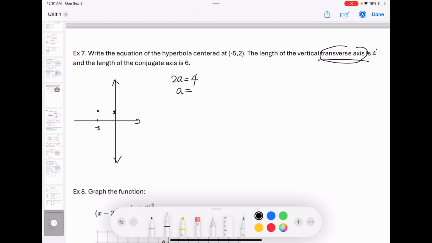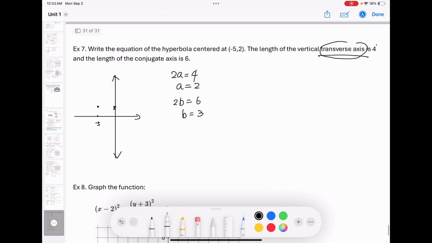A is equal to 2. And then the length of the conjugate axis is 2B. 2B is 6. B is equal to 3. Okay, based on the center, we don't know yet whether we need to move up or down. Let's continue to see. Oh, here is the information: vertical transverse axis.